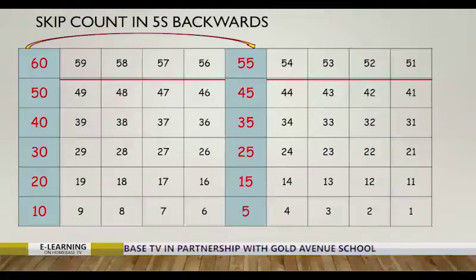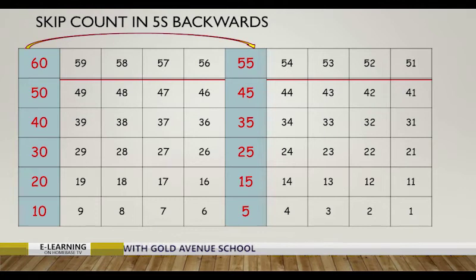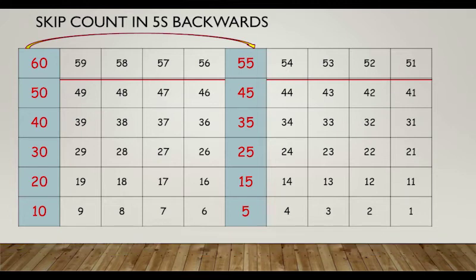We skip 24 to 21 to give us our next count of 20. We skip 19 to 16 to give us our next count, 15. We skip 14 to 11 to give us our next count of 10. We skip 9 to 6 to give us our next count of 5.